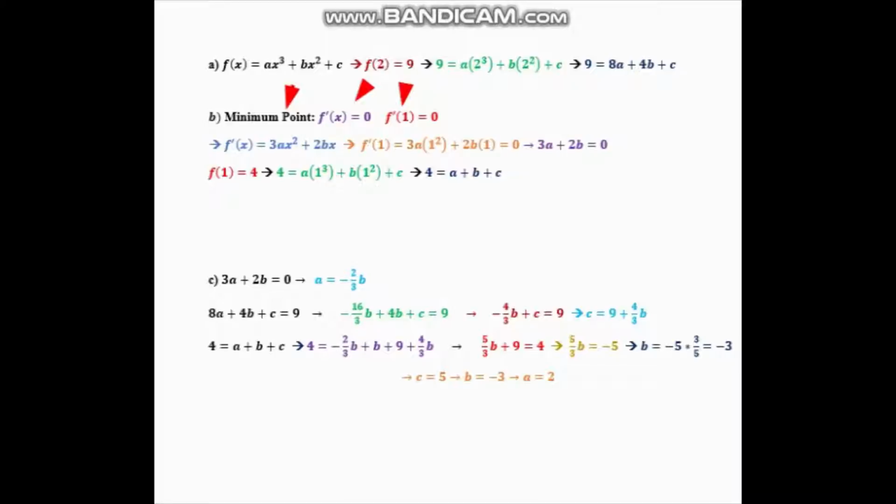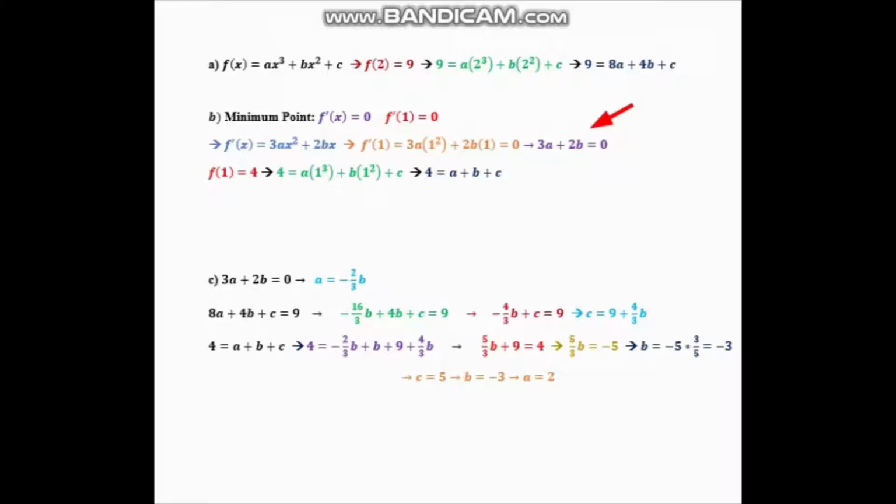Hence we shall differentiate this function, obtaining the blue function right there. Then we shall replace x with 1 and set f dash to 0, and solve this equation: 3a plus 2b equals 0. So this is the second equation that we have derived.